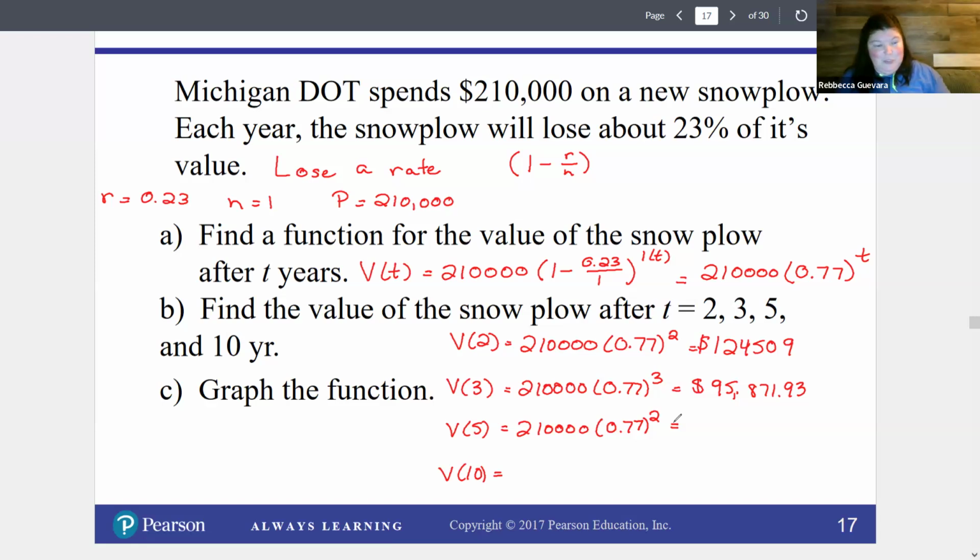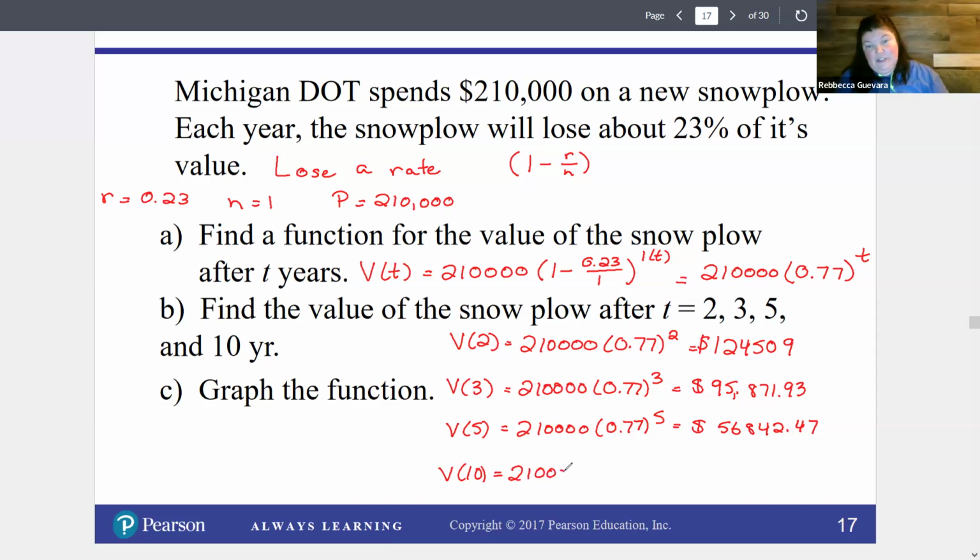If we do this, oops, not 2, 5 years, then that snowplow after 5 years is only worth $56,842.47.